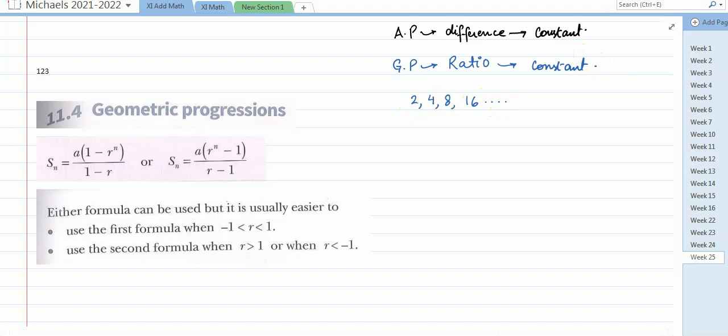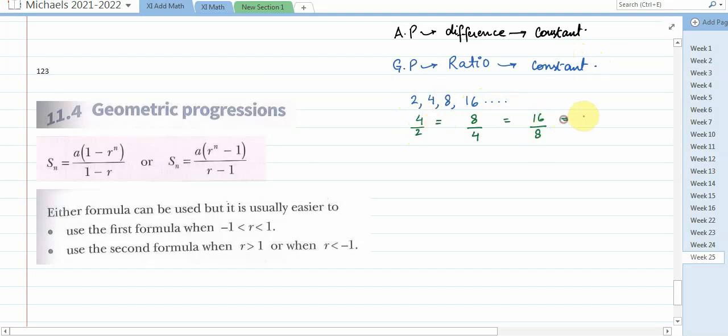Why? When you divide the second term by the first term, or the third term by the second term, or the fourth term by the third term, you will get the answer 2 in all those cases. That means the ratio is constant, right? So when you have a constant ratio, the question belongs to geometric progression.